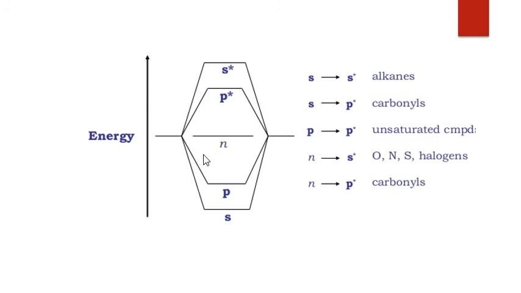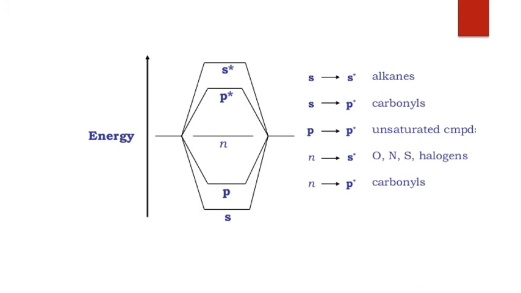Now, what are these bonding, anti-bonding, and non-bonding molecular orbitals? The bonding molecular orbitals are the orbitals in whose presence the stability of the molecule is increased. When a molecule is formed from atoms and there is formation of a bonding molecular orbital, the molecule formed would be more stable.